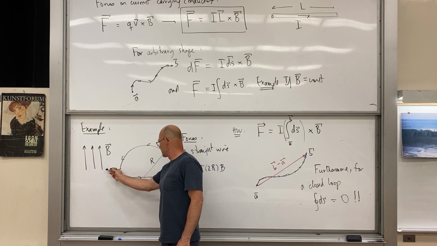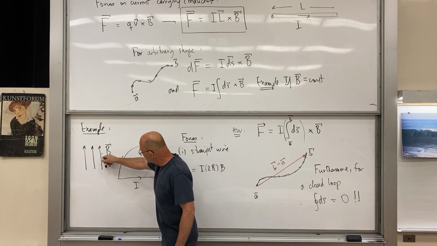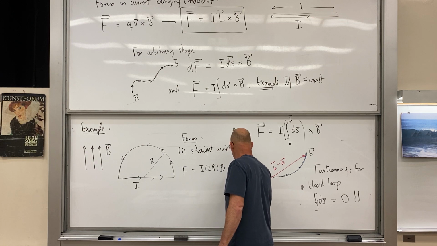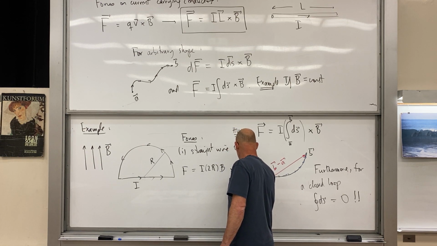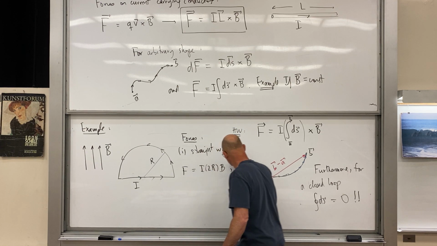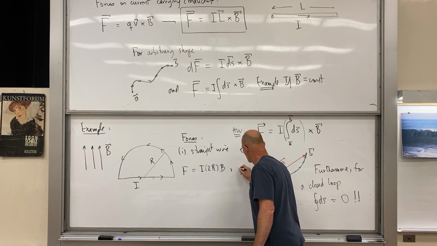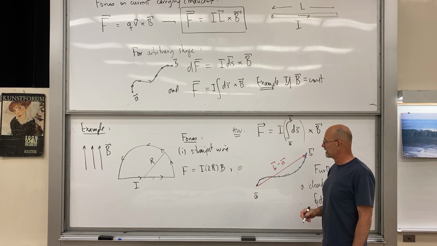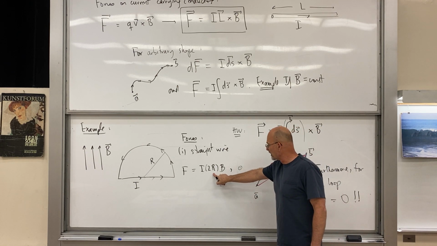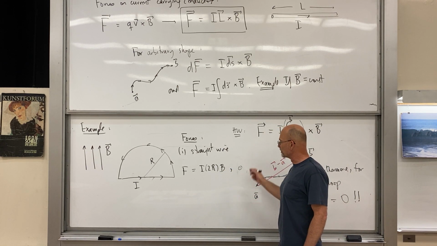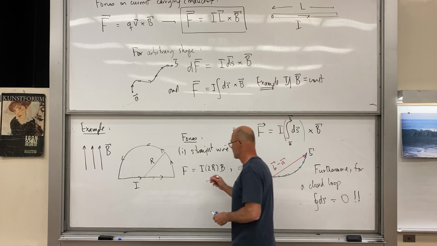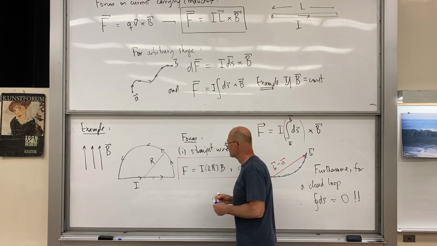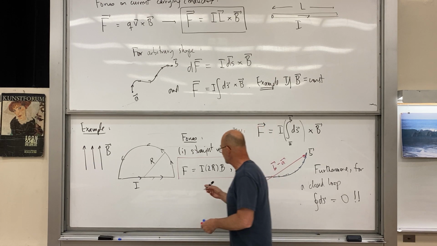Turn this vector, cross it into B, so it's coming out of the board. ILB, with 2R as the length, B, out of the board. That's the straight segment. What about the semicircle?